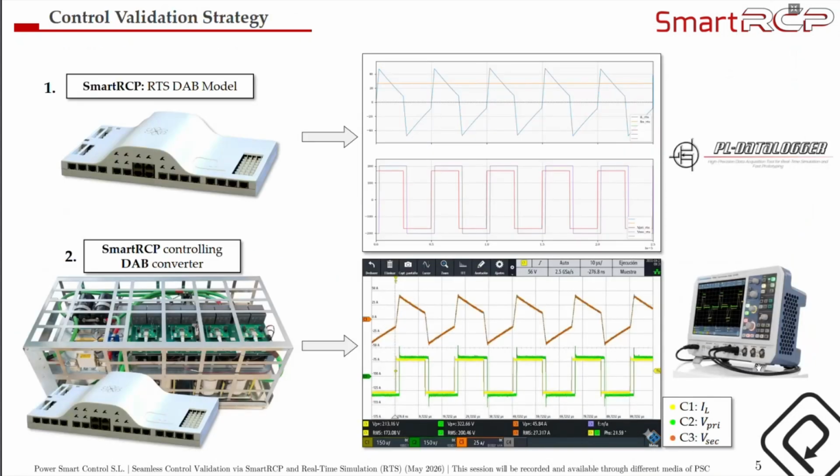So the validation methodology that we will follow is divided in two main phases. First, we are going to run our control model against the virtual plant of the converter, the RTS, within the SmartRCP's FPGA. All the model parameters, the inductance, turns ratio, DC capacitor, must be selected according to the real parameters of the real converter.